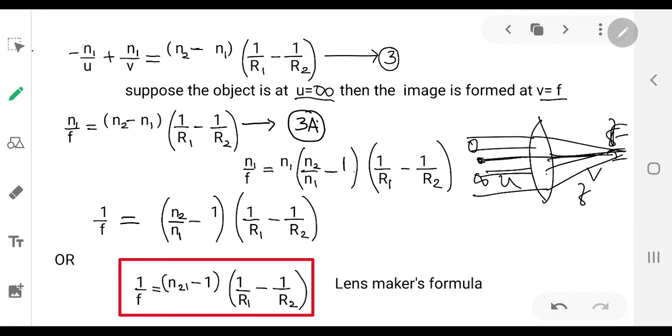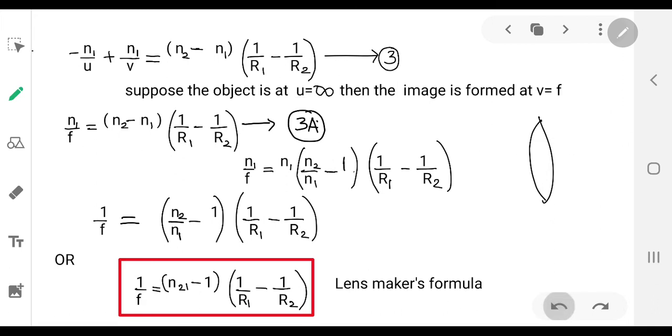So by substituting the object distance as infinity, n1 upon infinity will be equal to 0. Plus n1 by f is equal to n2 minus n1 times 1 upon R1 minus 1 upon R2. We'll denote this equation as 3a.